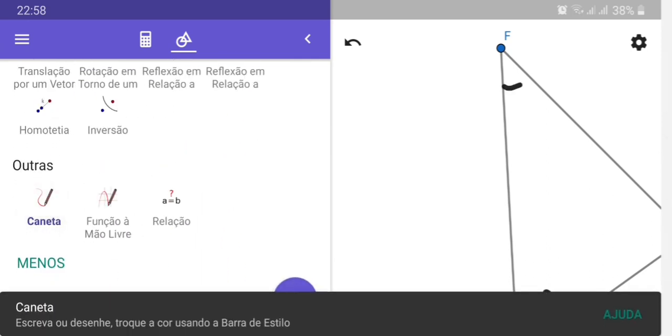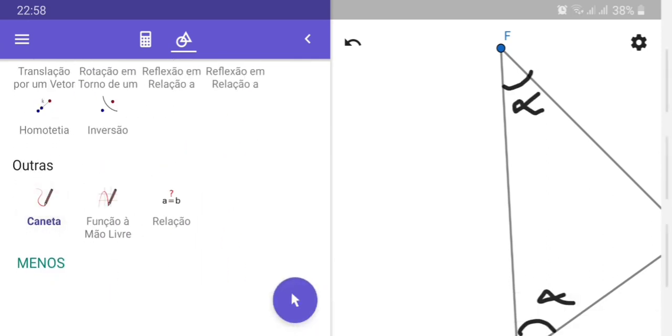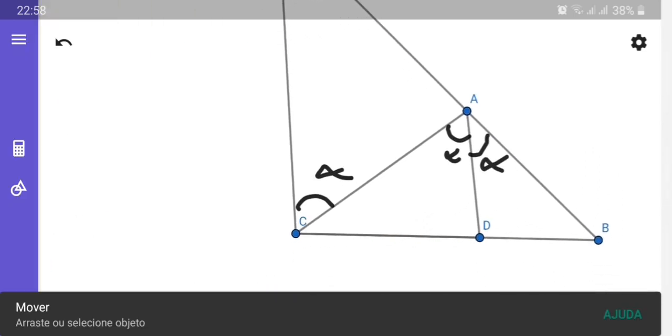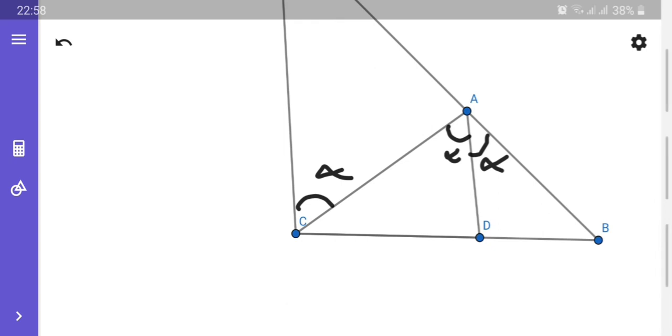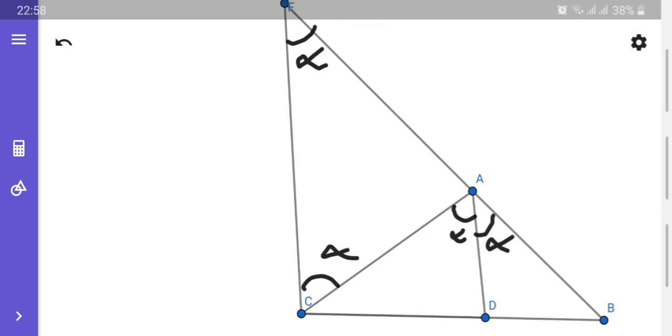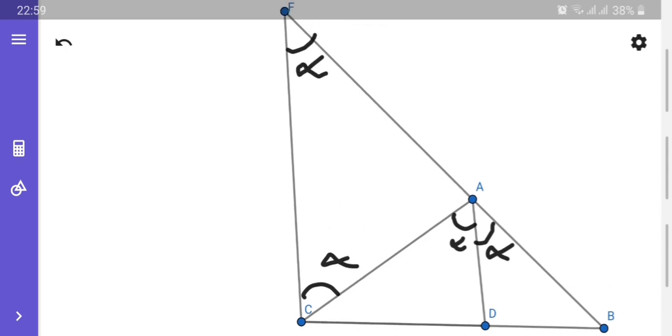This over here was alpha too. Remember why? Because the line FC was parallel to AD, so alpha here and alpha there, and as the external angle was two alpha, both of these are alpha.